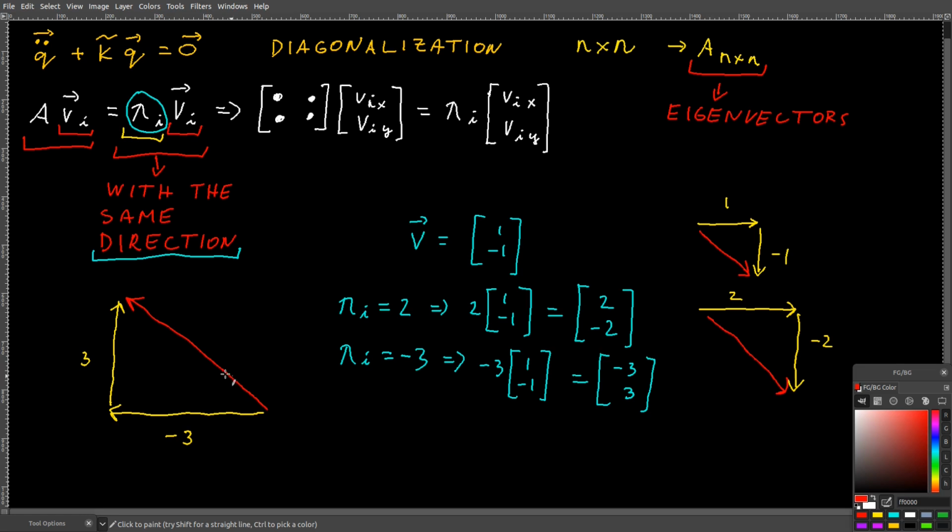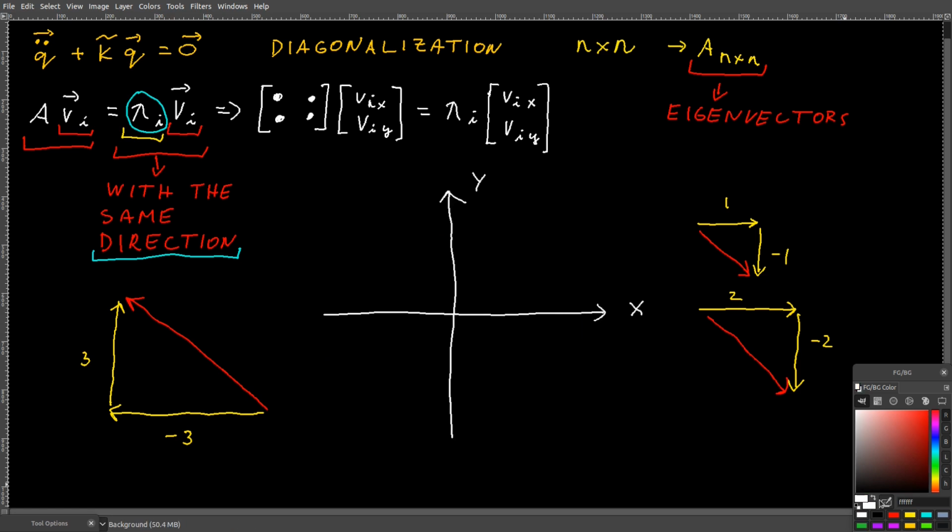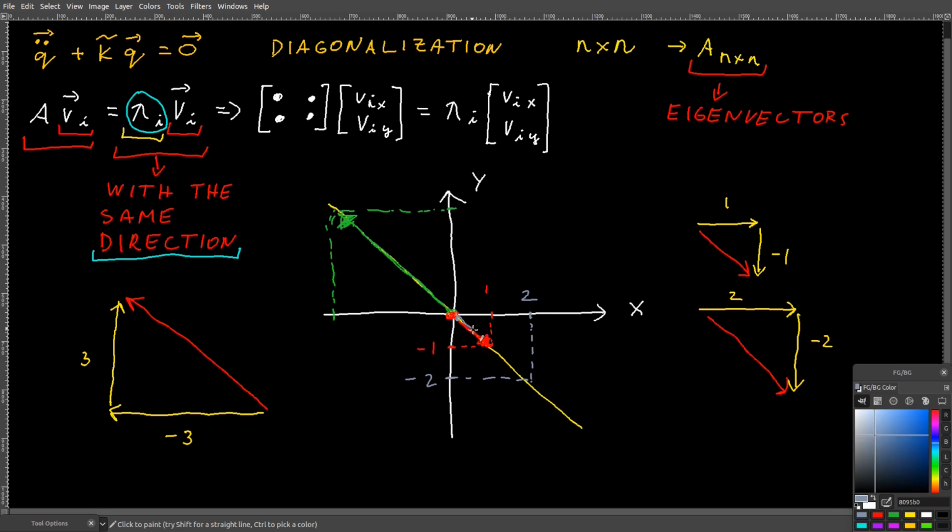And here we are ignoring the positive and negative directions of the vector. So we don't care whether the arrow points in this direction or whether it points in this direction. The important observation is that all these vectors lie on the same line. That's what I mean by having the same direction.